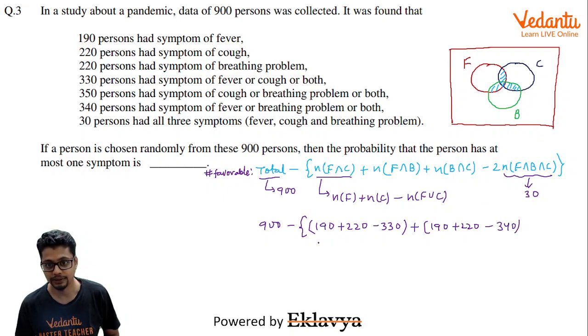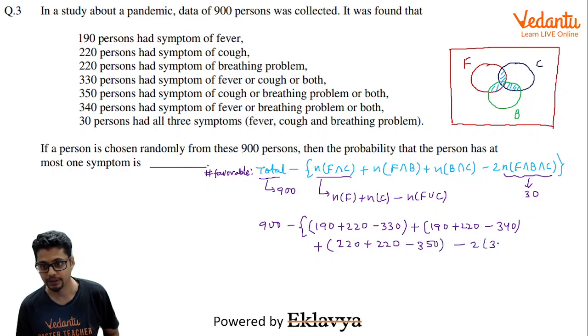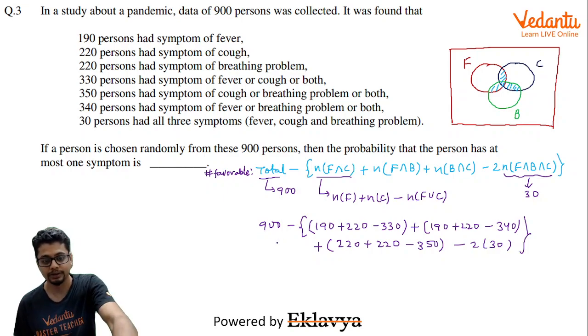Similarly you have n(B intersection C) would be 220 cough, 220 breathing minus cough or breathing or both, 350. Yeah, so here you get 350, minus 2 times 30. So this is about the number of favorable outcomes, so to speak.